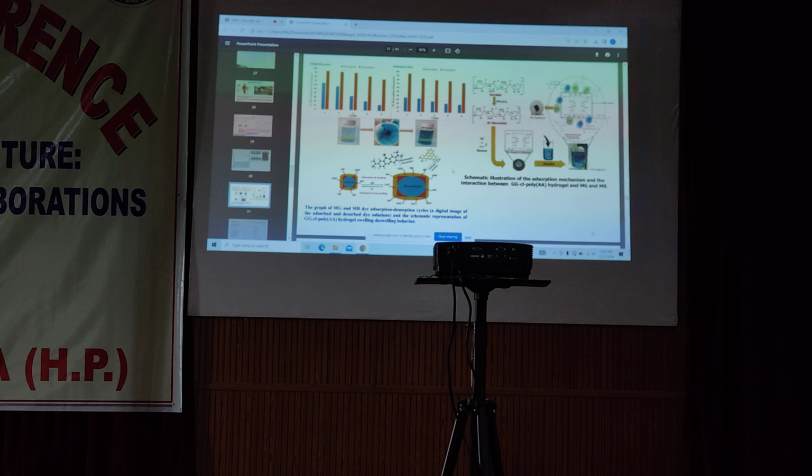These groups act as very effective sites where dye can attach. The dye gets attached to its surface, and because hydrogel has a very wide surface, it can absorb a large amount of dye. Then by simple washing we can remove the dye out of it and reuse it many times through the swelling and de-swelling states.